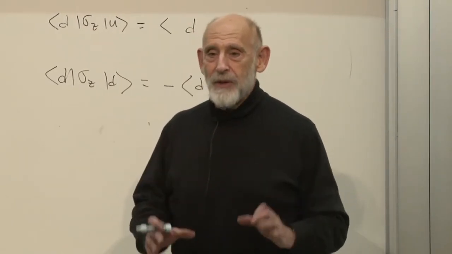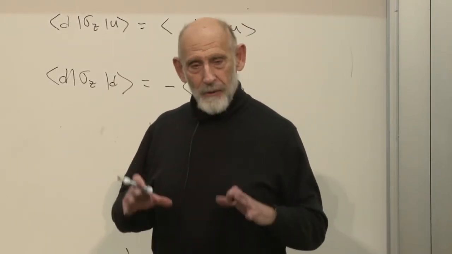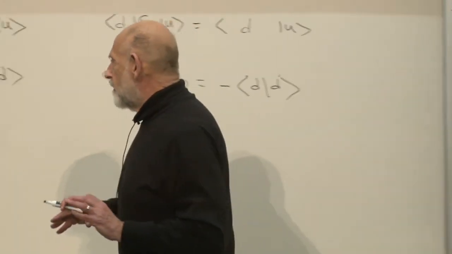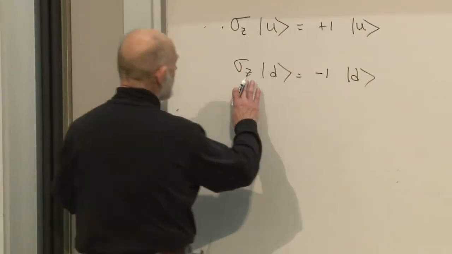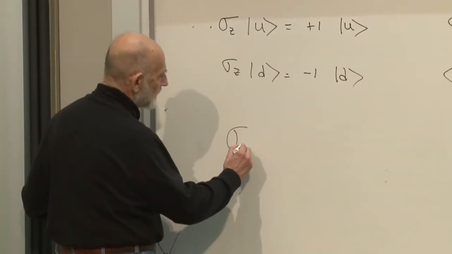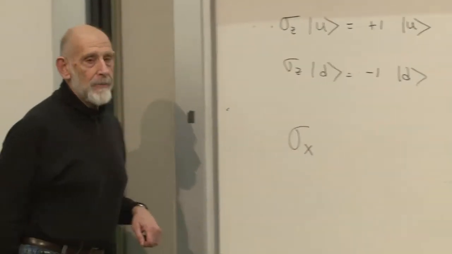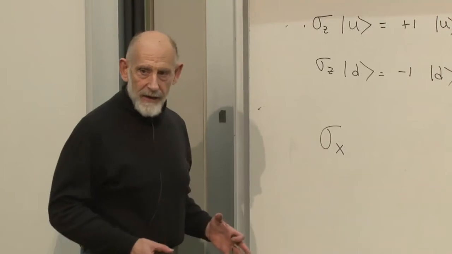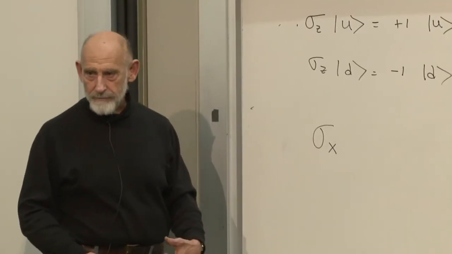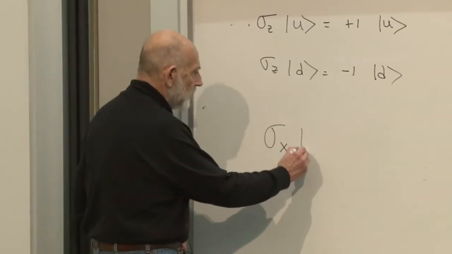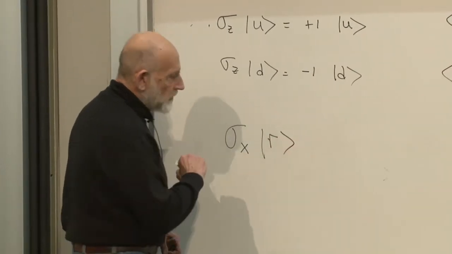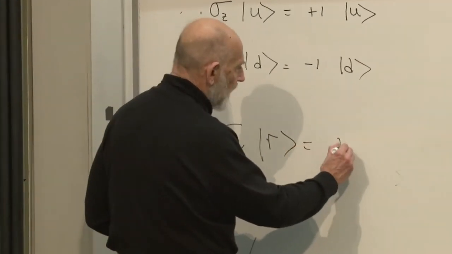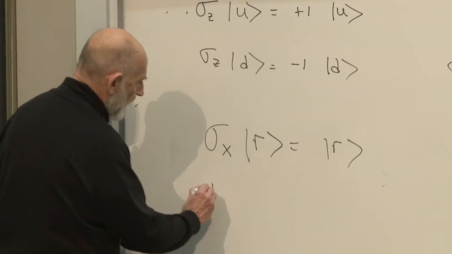But I want to stick with the up-down basis, and find out what the matrix elements of sigma x are. Now, what is the property of sigma x? The property of sigma x is that its eigenvectors are left and right. So, for example, sigma x on right equals right. And what about sigma x on left?